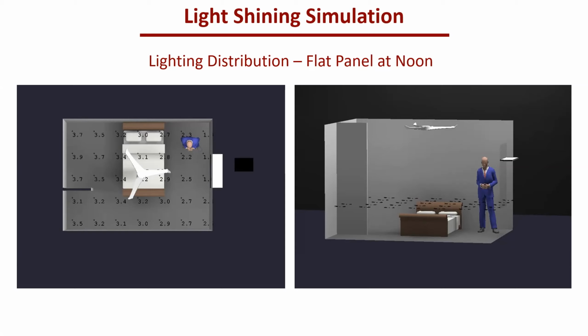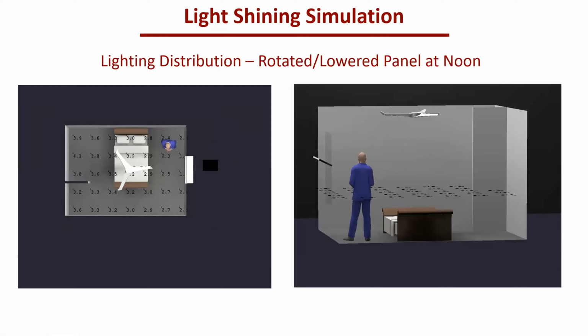If you look on the left-hand side, the numbers 3.7, 3.9, 3.7. We're seeing these foot candle levels. Then with a slight adjustment, we get a 0.2 or 0.3 increase in foot candles.